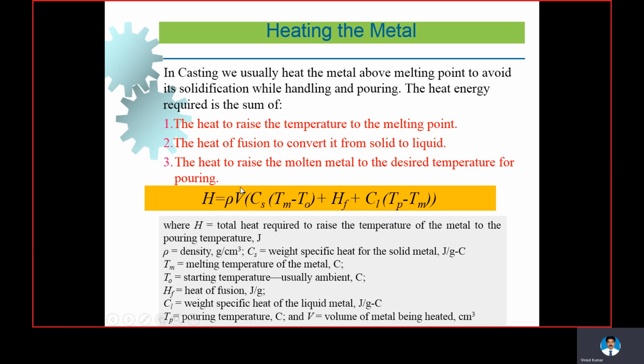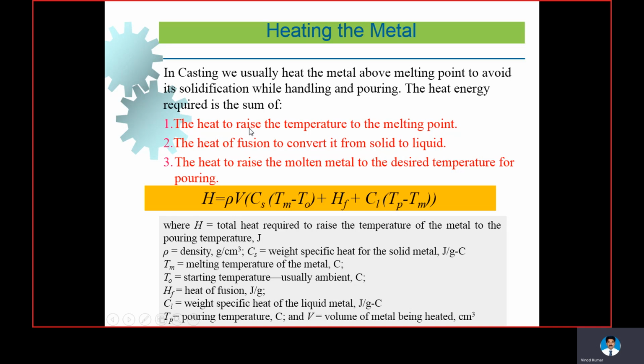So look at this equation. Whenever we talk about heat transfer, we give the equation mc delta T. What is m? M is rho times V, density times volume. What is C? C is the specific heat of the solid material. What is delta T? Temperature difference. As I explained before, in the first stage you need to raise the temperature to the melting point.